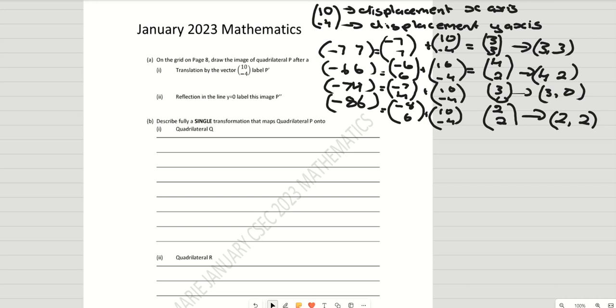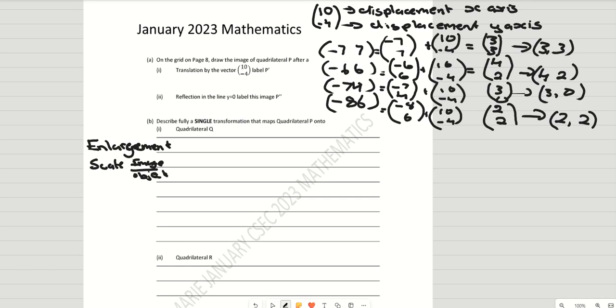So for enlargement, and you need to remember this, right? For enlargement, you need the scale factor. Your scale factor is your image over your object.